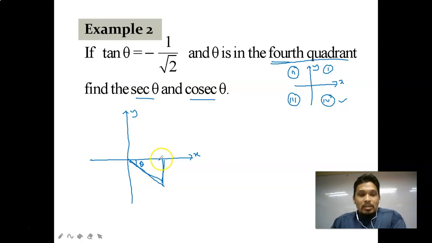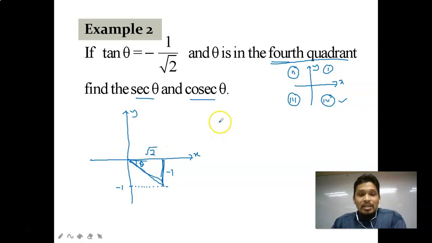So tangent is opposite divided by adjacent, which is negative 1 and square root of 2. So the opposite is the vertical distance from here up to negative 1 until here, and the adjacent on the x-axis is square root of 2.